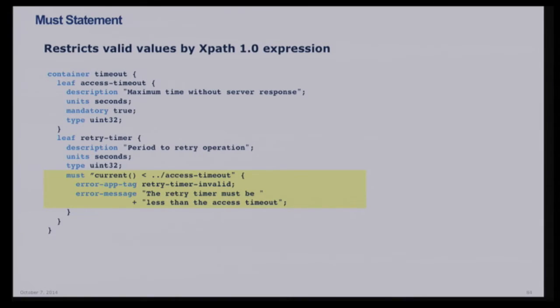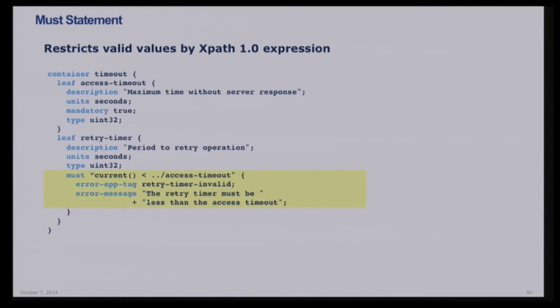Okay, let's head into the advanced stuff. There's one also very particularly powerful construct called must here. So a must statement basically takes an XPath statement and checks its validity on every commit or on every change. So it's a very powerful way of saying that these things must hold true, otherwise we will throw an error.